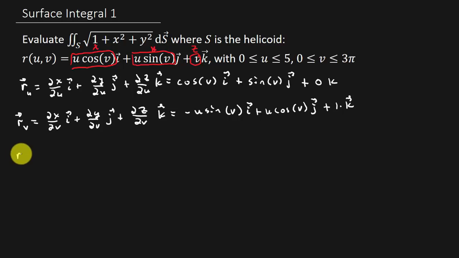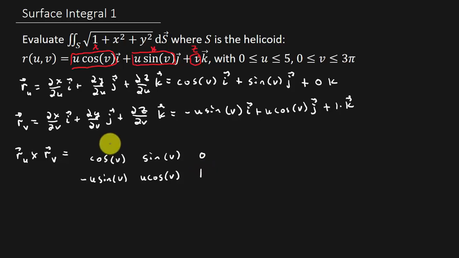Now I need the cross product of RU and RV. So that's going to be cosine v, sine v, 0, and then negative u sine v, u cosine v, 1, and then we've got i, j, k.